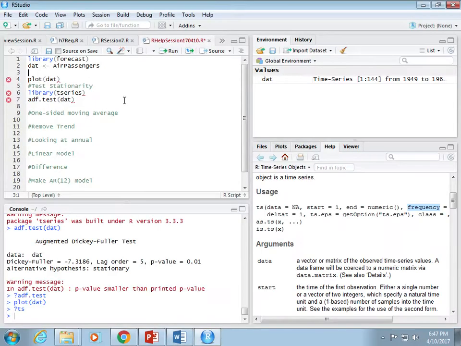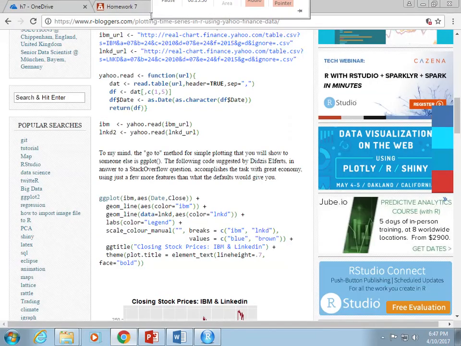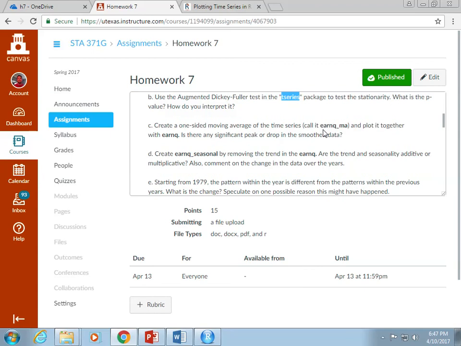All right, let's move on. Sorry, the ADF test wasn't a good example in this one. So we're going to do a one-sided moving average, like the homework asked here. A one-sided moving average is basically you average the previous terms. How many terms should you take?